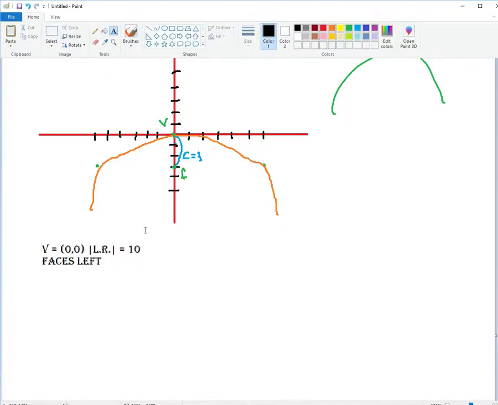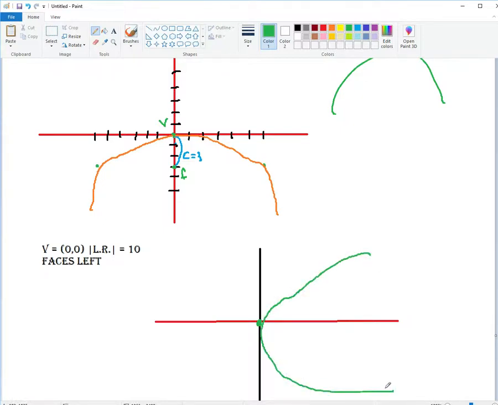So if you were given that piece of information, again, quick Cartesian grid. If we know that it faces left and the vertex is there, there's my vertex, and I know that it faces left, which means it goes like this.